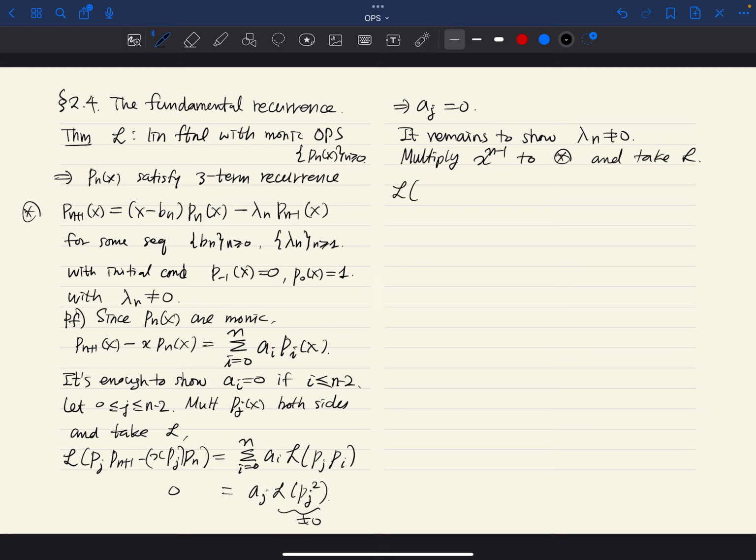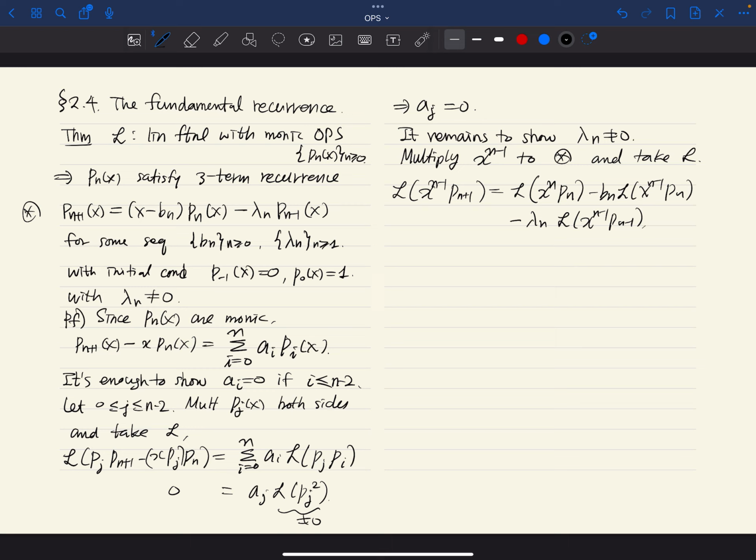Then we get L of x^{n-1} P_{n+1} equals L of x^n P_n minus b_n L of x^{n-1} P_n minus lambda_n L of x^{n-1} P_{n-1}.